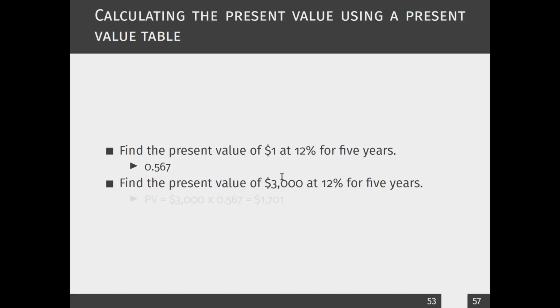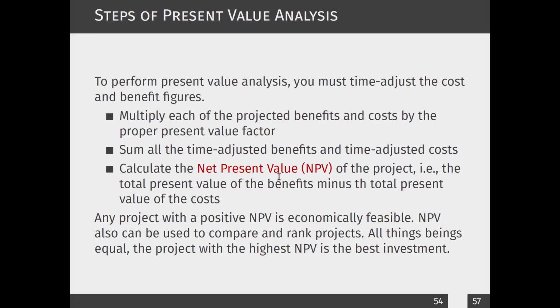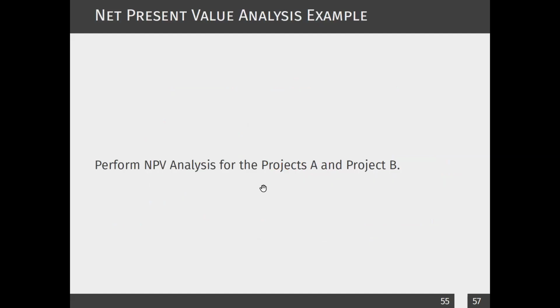By referring to the table, you will have 0.567. That is the present value. If you want to find this value for $3,000, you simply multiply by $3,000. So you multiply all the costs and benefits with the proper present value factor. Once you time adjust all the benefits and costs, you sum it up, and you call it the net present value. That's exactly what we are going to do.